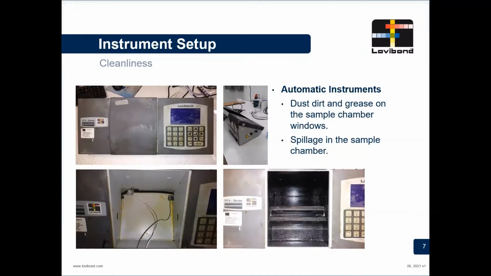It's going to mean that maybe not enough light is going to reach our detector. And it's going to give us a false reading. It's going to probably lower the light level. So that's going to give us a darker color. So we're going to register an oil that's a lot darker than we're expecting. So we need to keep everything nice and clean. And then we have the best chance of having a really, really good measurement.